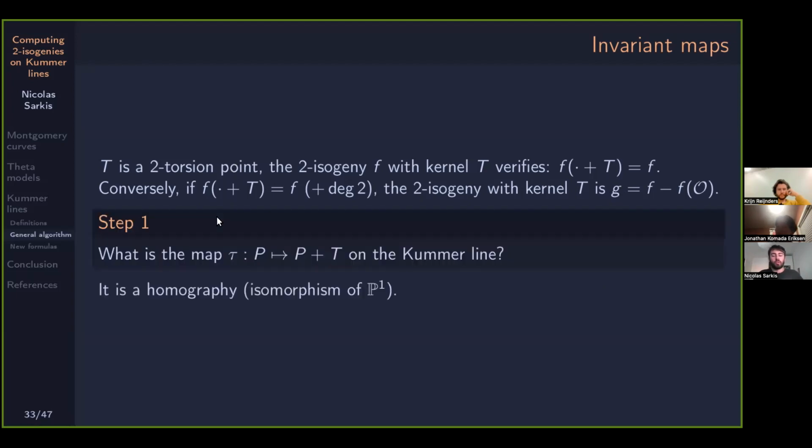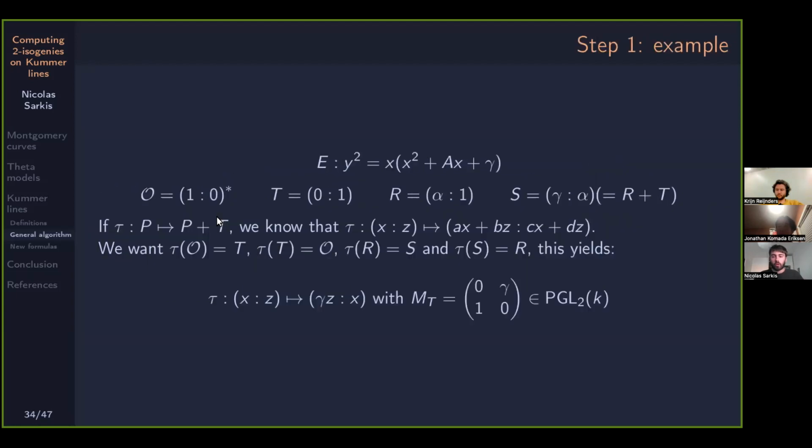First we need to describe what a translation map on the Kummer line is. And what we know is that it is a homography. On our example, I start with my two torsion points O, T, R, and S, and I want to know tau.